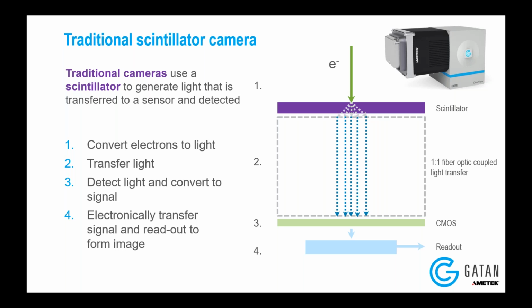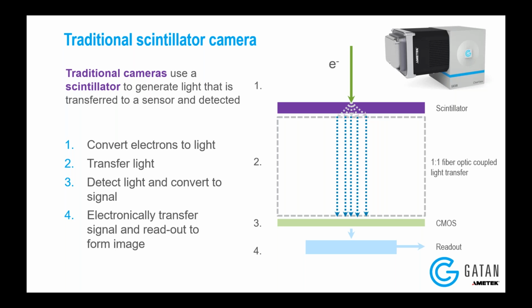What happens is that the electrons from the microscope hit the top of the sensor assembly on the camera. And at the top of the sensor assembly is this purple scintillator region. Now, the scintillator is an organic phosphor, and when an electron hits the scintillating layer, it excites light, and that light then is what is detected by the CMOS sensor.